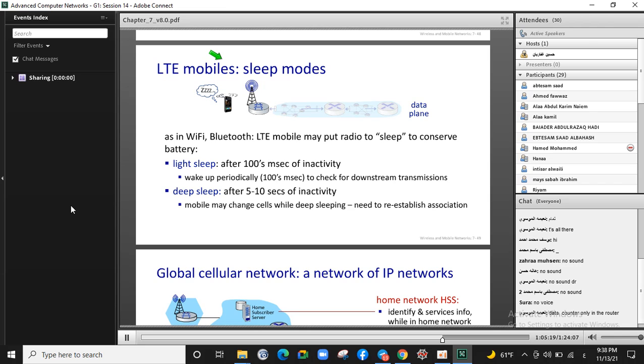One of the main specifications of LTE is the sleep mode.